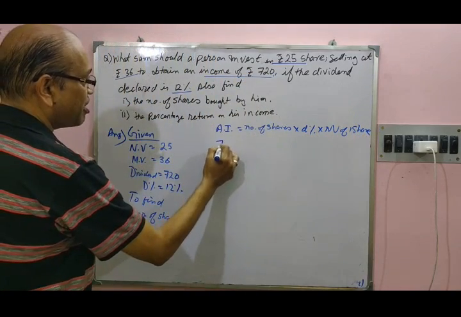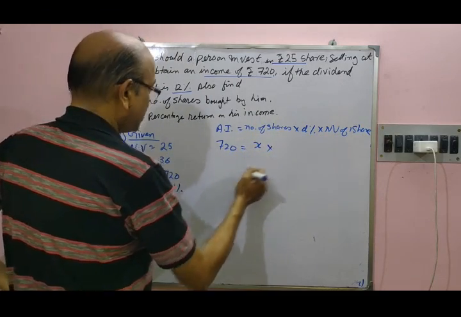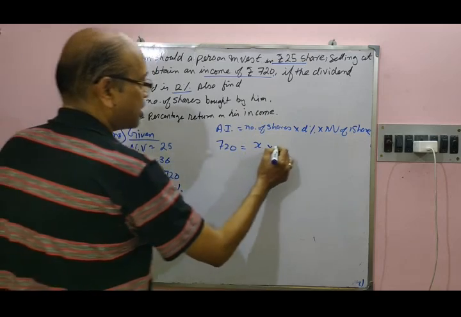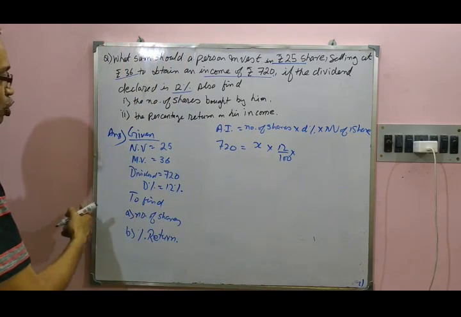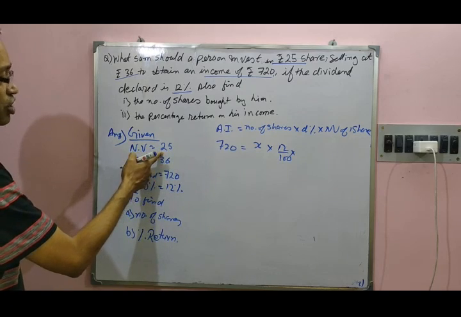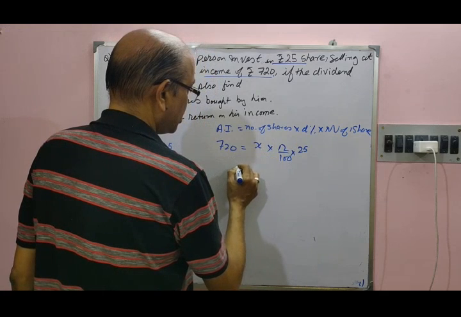The annual income, how much they receive? 720. What is the number of shares? Let it be X. What is D percent? 12%, 12 by 100. And what is the nominal value? Nominal value is 25.